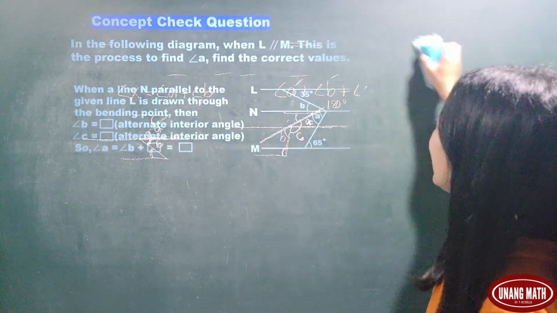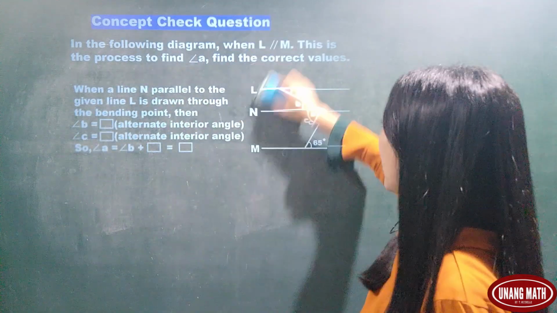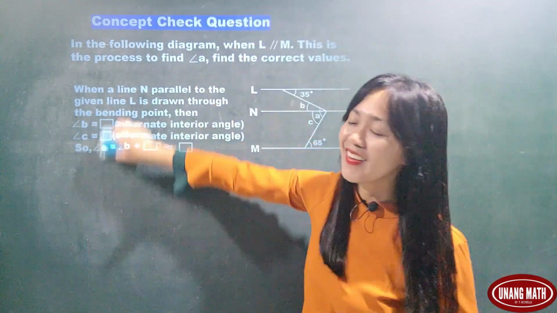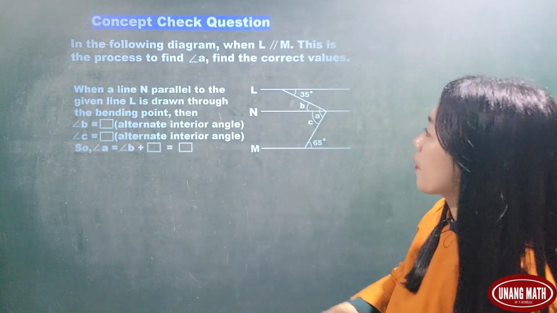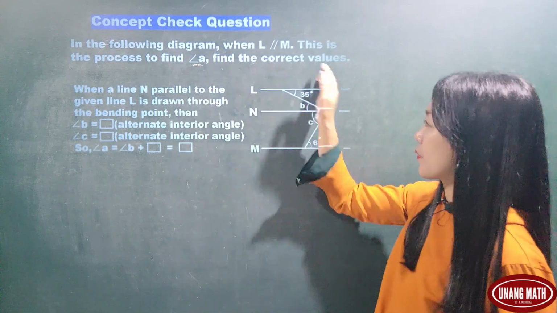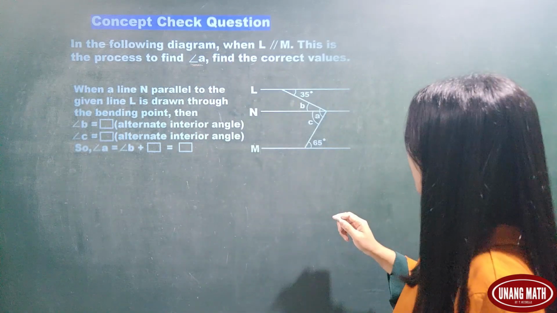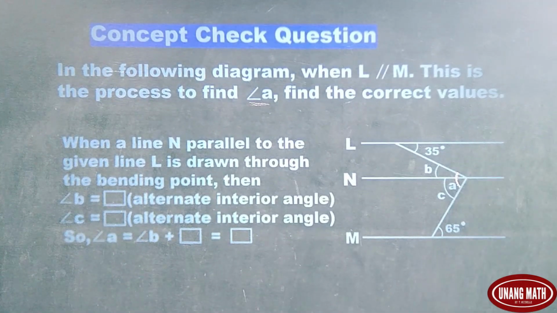Okay, now, let's answer this concept check question. In the following diagram, when line L and M are parallel lines, this is the process to find angle A. So we're going to find the correct values. Okay, where's angle A? This angle.